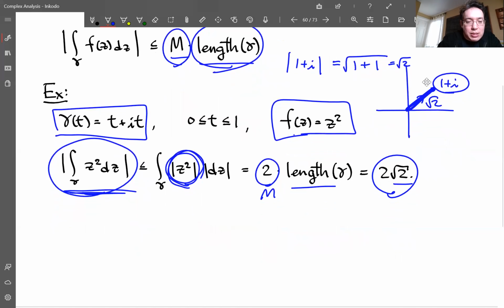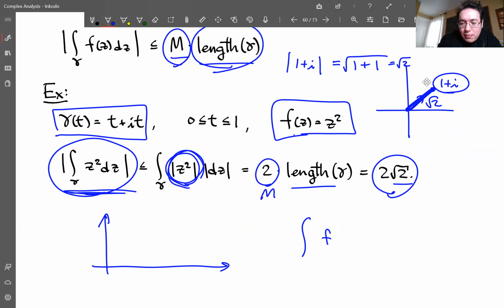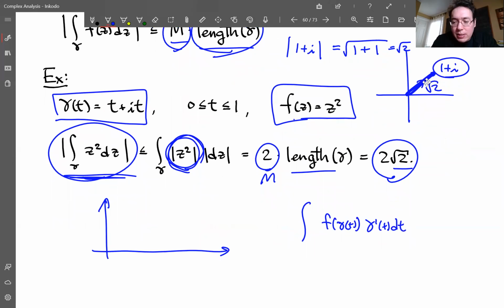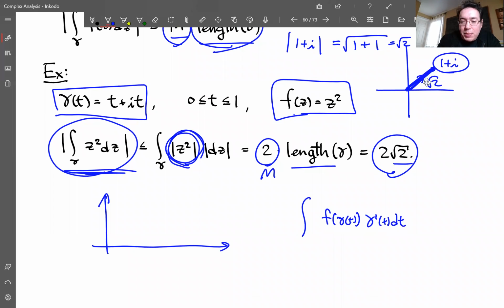Well, the path integral looks like this, and then we're taking the absolute value of everything.